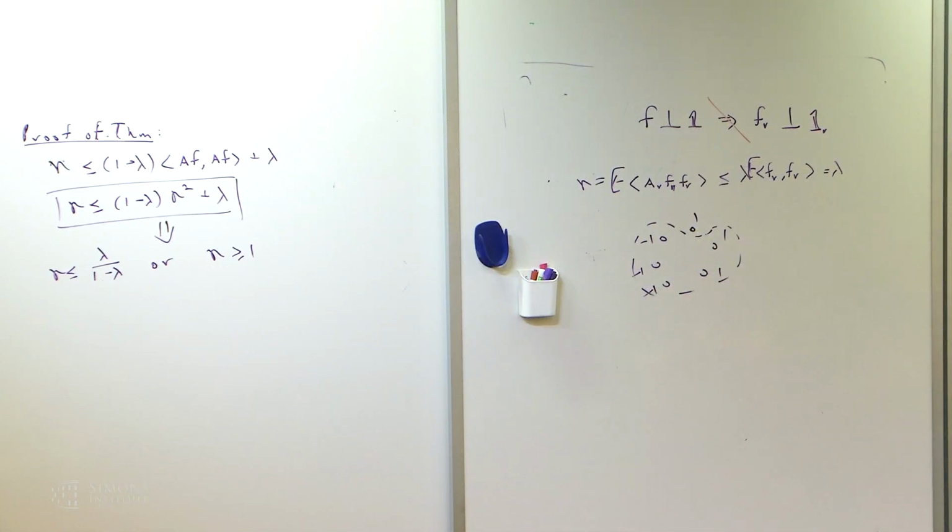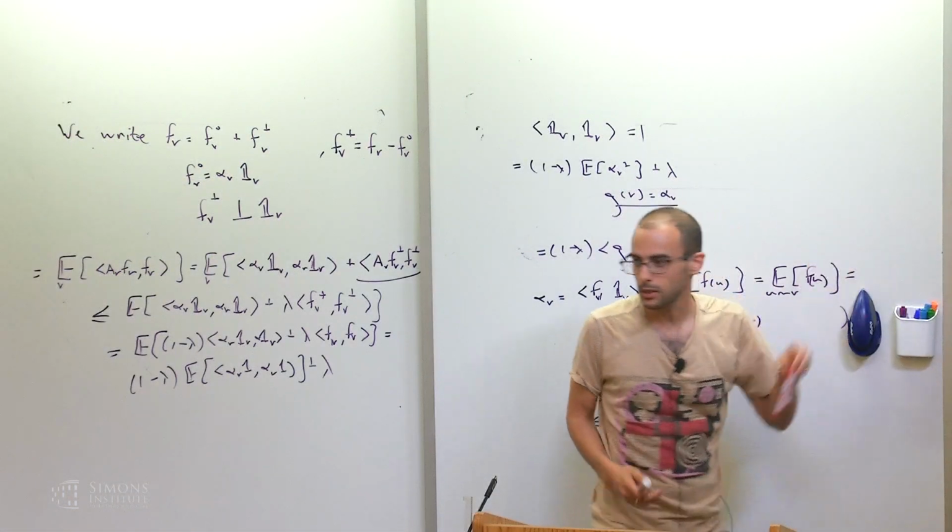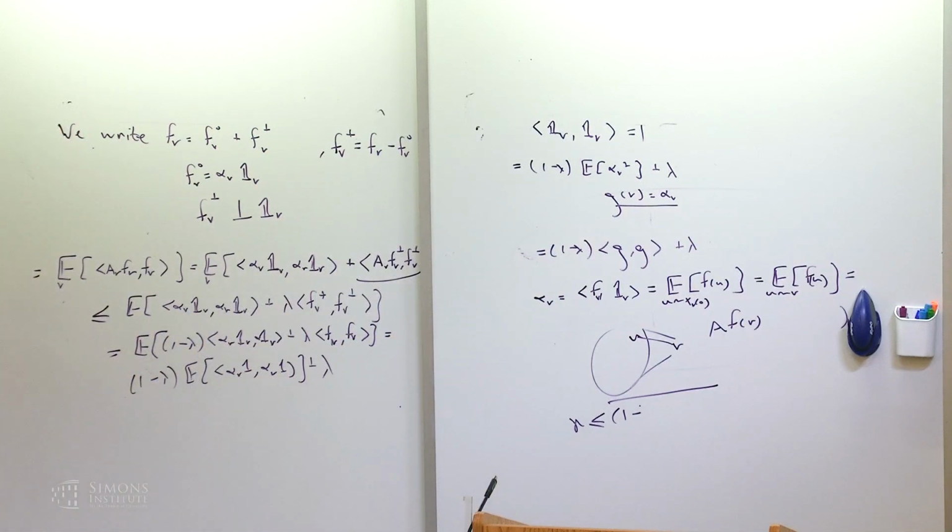So now it can be either of these. But now I'm going to use the assumption that the graph is connected to say that gamma must be strictly less than 1, since in connected graphs, all eigenvalues except for the trivial one are strictly less than 1.